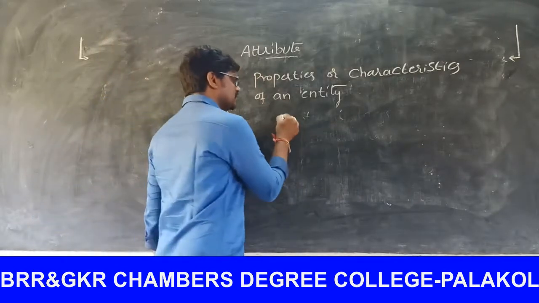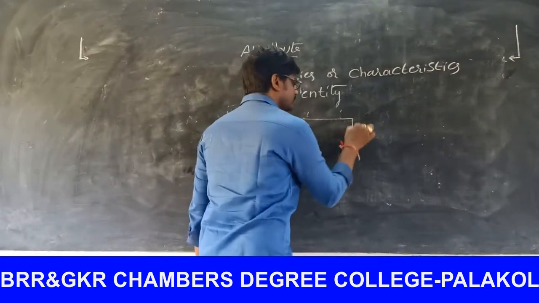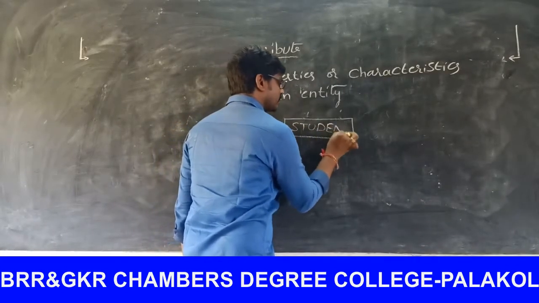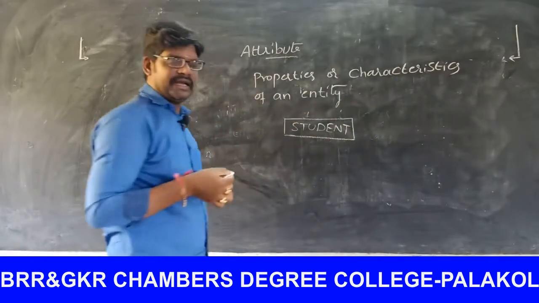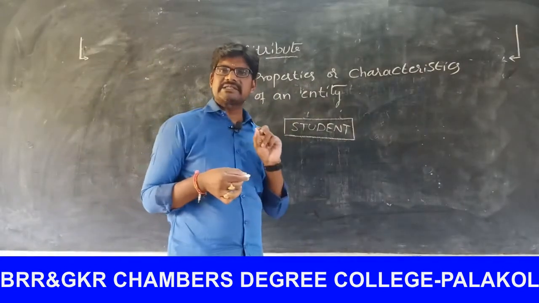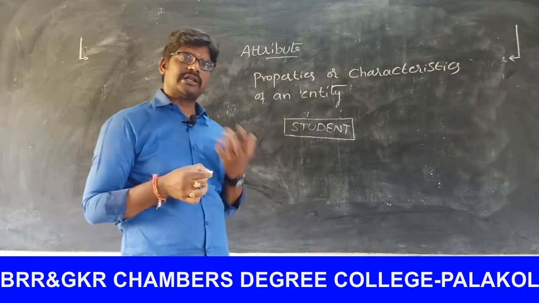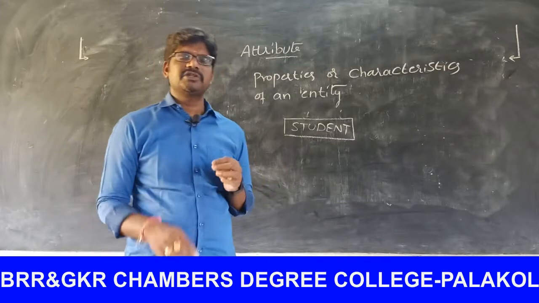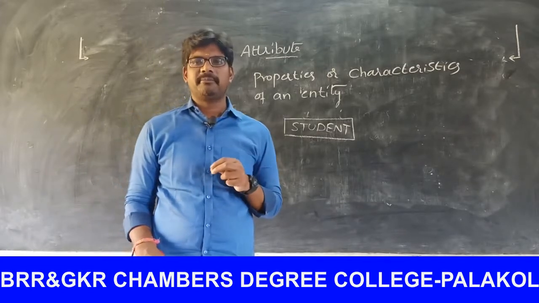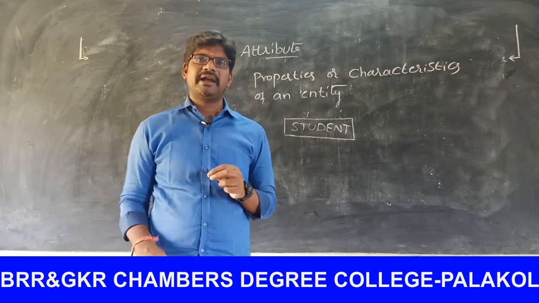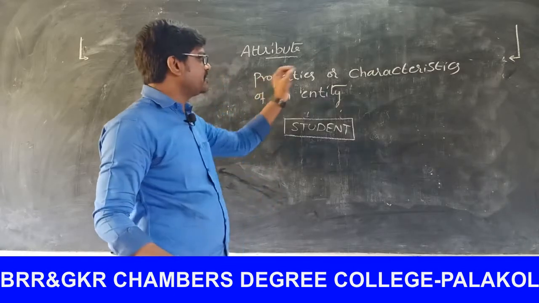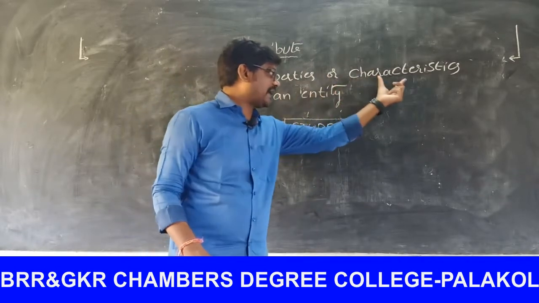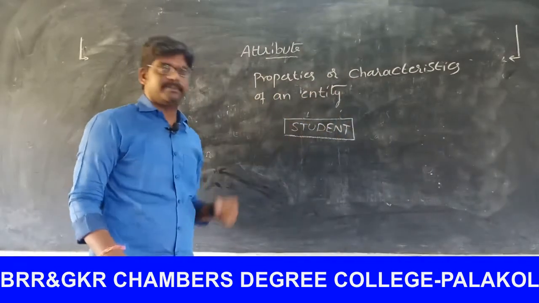For example, student. Student is the entity. Every student has some properties. What are the properties of a student? Student ID, student name, student address, student phone number, student email ID. All these are the attributes of the student.